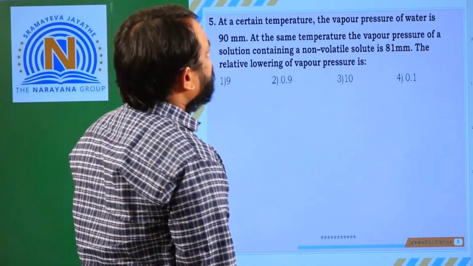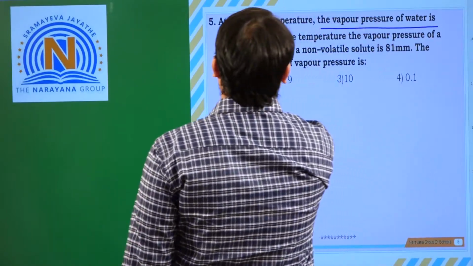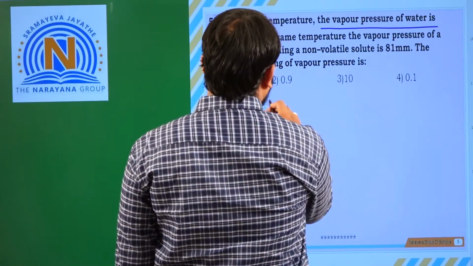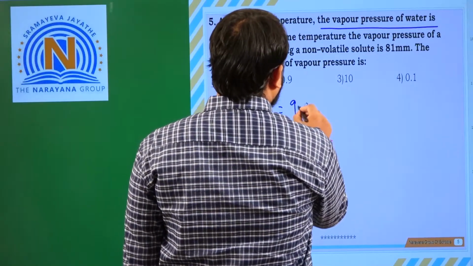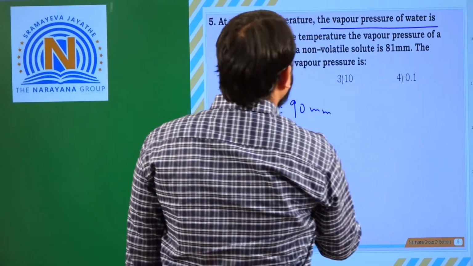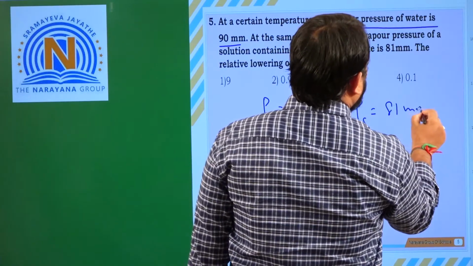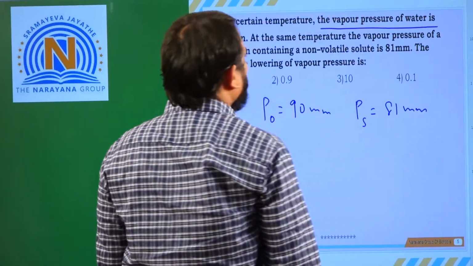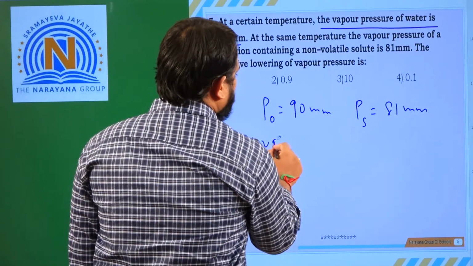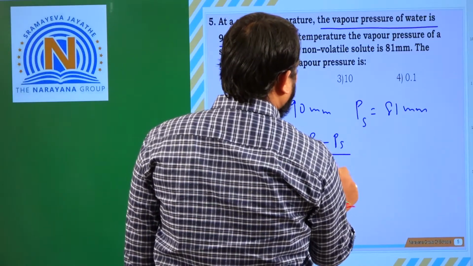At a certain temperature, the vapor pressure of water is 90 mm. So P naught is 90 mm. And at the same temperature, the vapor pressure of the solution, Ps, is 81 mm. Then the relative lowering of vapor pressure is equal to P naught minus Ps by P naught.